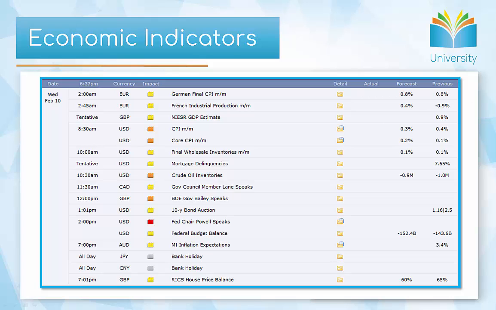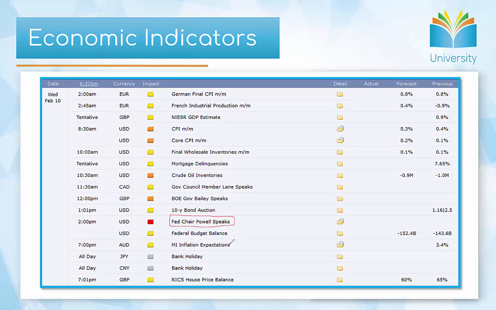You'll notice that central banks are always more high impact. So here we have the Federal Reserve chairman. The Federal Reserve is the U.S. probably the biggest impact to how markets trade, more than who the president of the United States is.